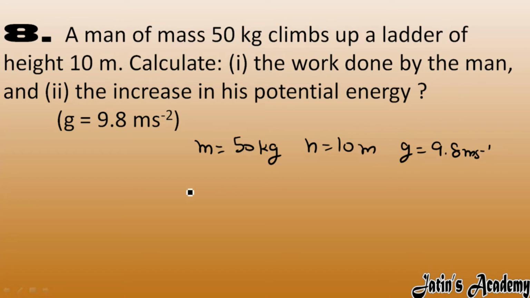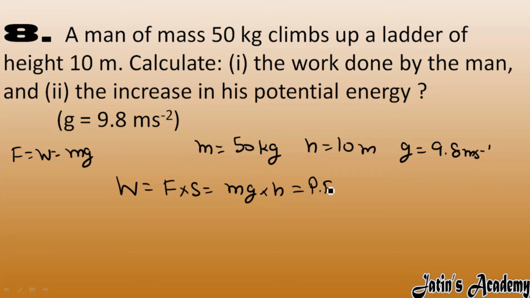So work done, we have force into displacement. Force in this case we have mass into gravity, F which is equals to weight is equals to m into G, and displacement in this case we have 10 meter which is height. So in this case, work done by the man, and what is the formula of this? mgh. It is equals to potential energy. So work done and increase in potential energy is same in this case.